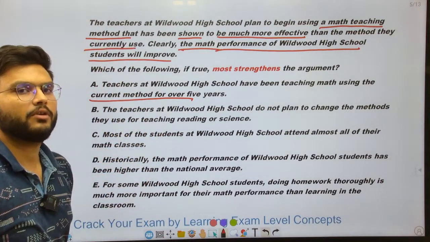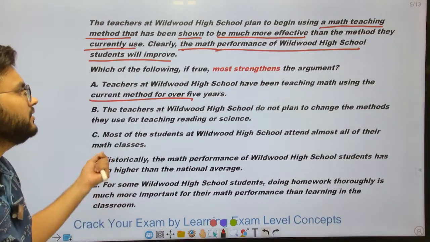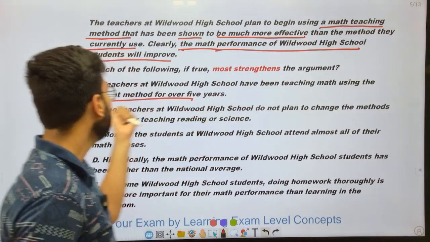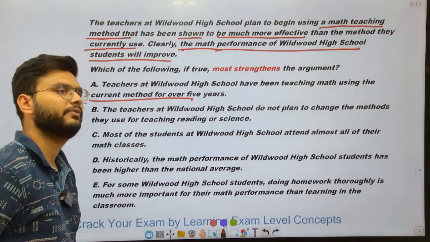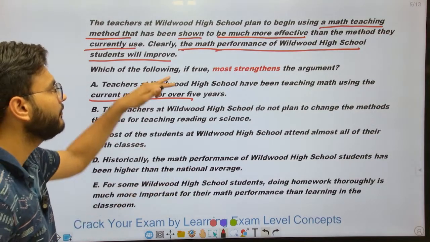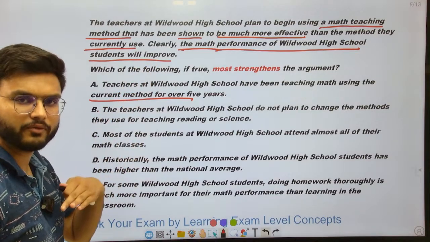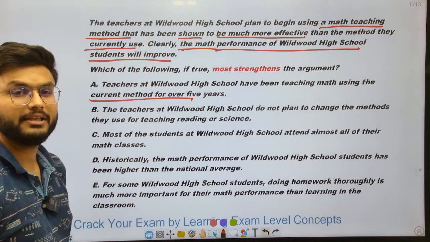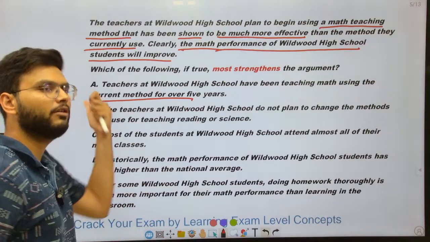This is something which we already know. This tells me that teachers have been teaching math using the current method for over 5 years. We already know this information. That's why we want to improve the performance by implementing the new method.